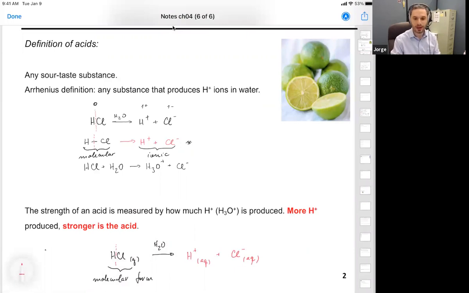Okay, so HCl dissolved in water, you actually don't have HCl anymore, but you have H plus and Cl minus, and therefore this is now called the ionic form. Okay, so that's why we need to represent molecular equations and ionic equations.